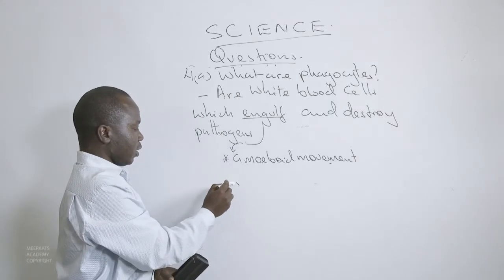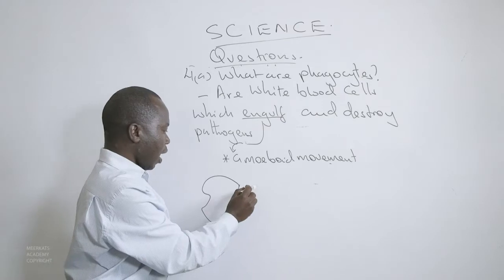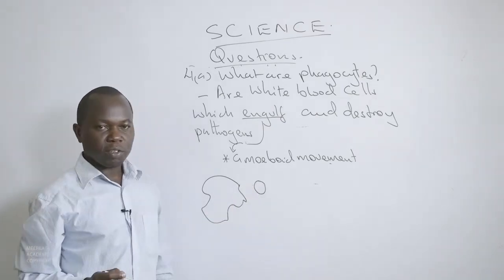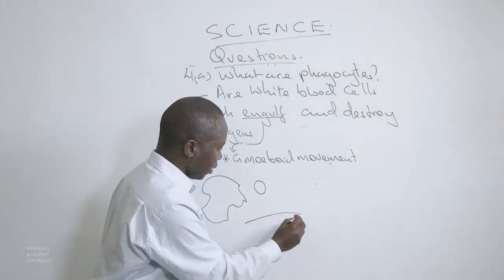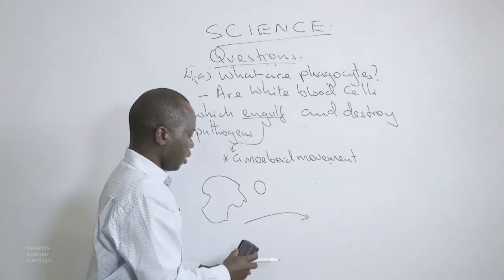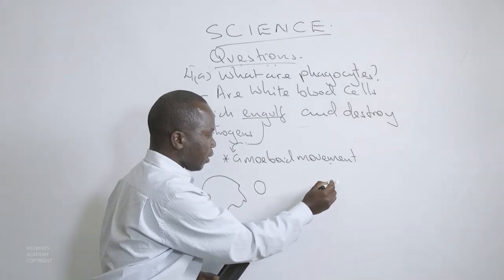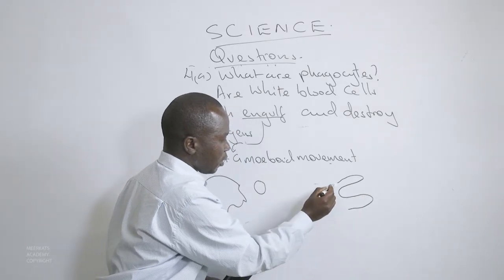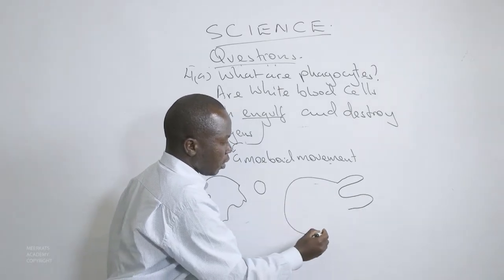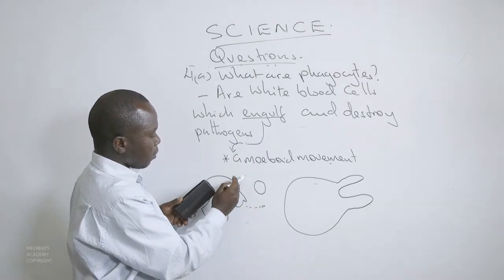So if this is the phagocyte, and we have a particle there, a foreign particle, a pathogen, what will happen in the end? This phagocyte will extend membrane. It will form membrane like that. It has extended this part and that part.